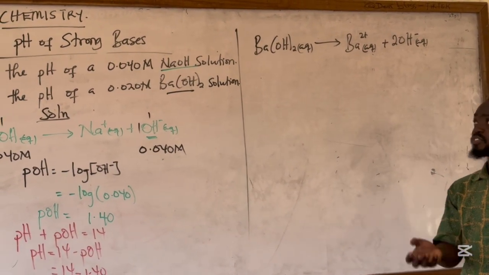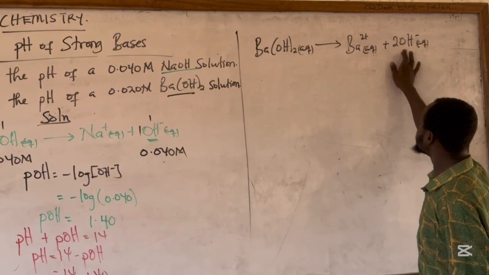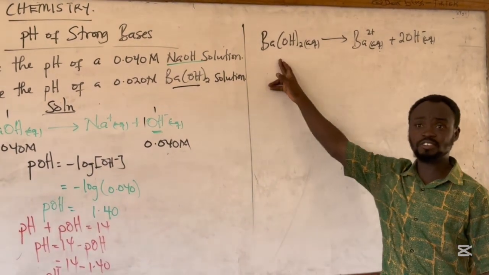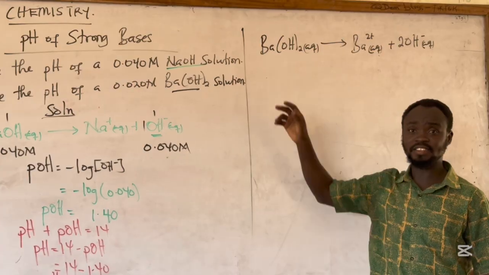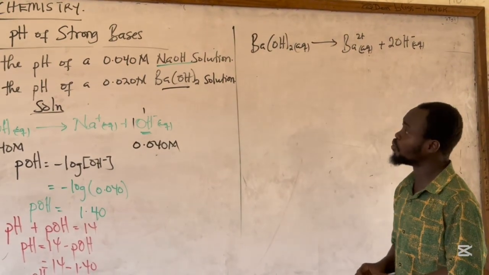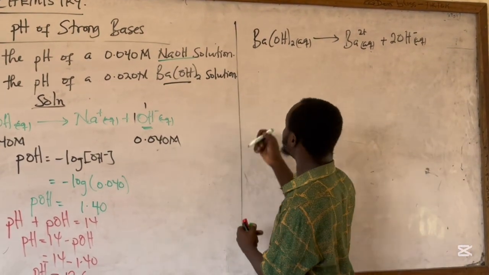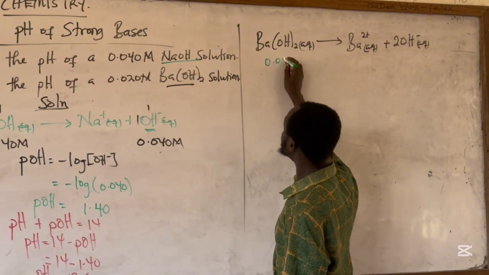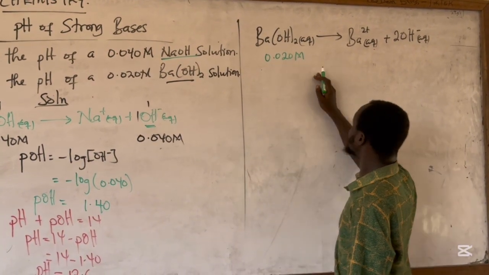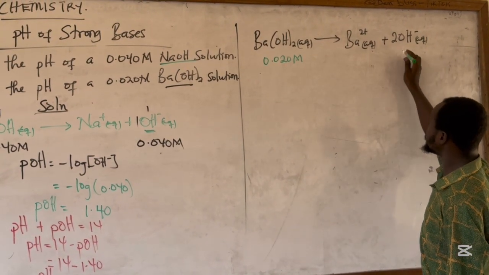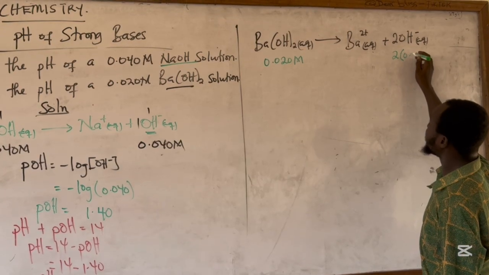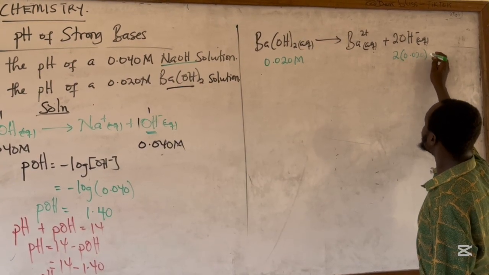For dibasic solutions, the concentration of the OH minus is twice the concentration of the strong base stated in the question. Is that okay? So the concentration of this was stated as 0.020 molar. So to get this concentration is 2 times what we have over there.